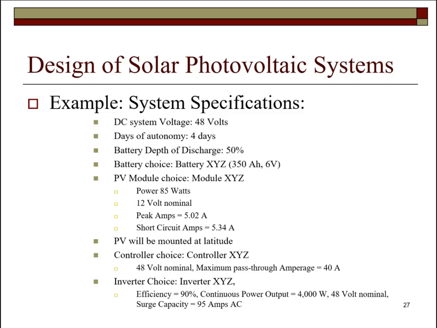The PV module has an 85 watt power, a nominal voltage of 12, peak amps of 5.02, that's the peak power point amps, and short circuit amps of 5.34. The PV module will be mounted at latitude, and then there's a controller and the inverter specs.